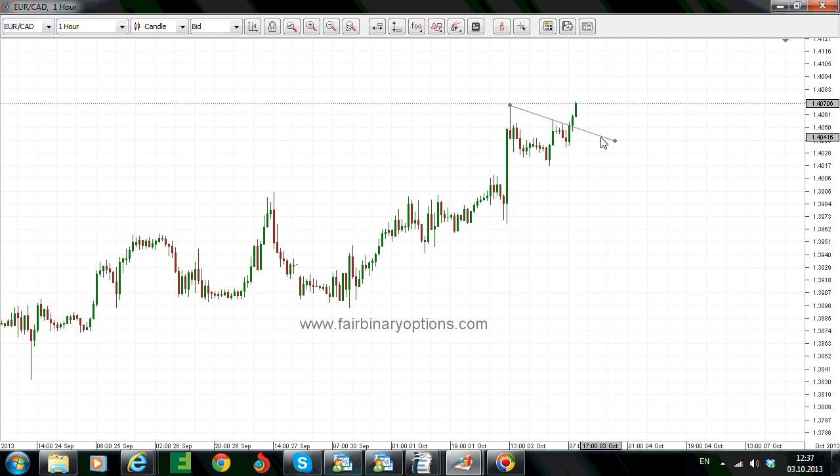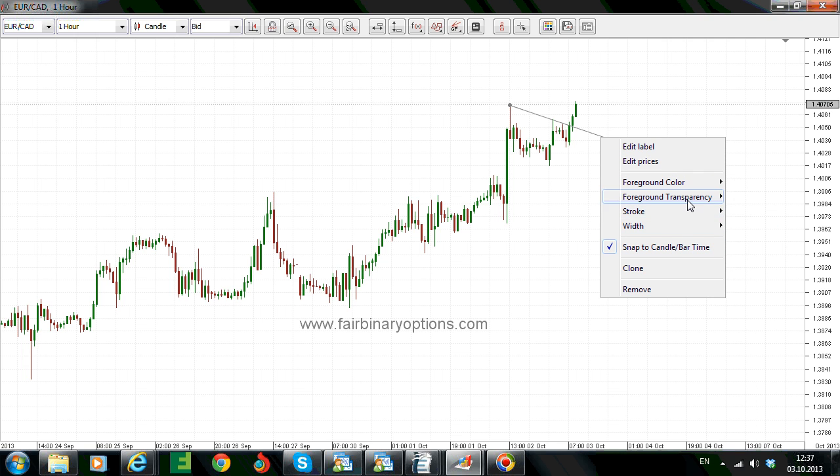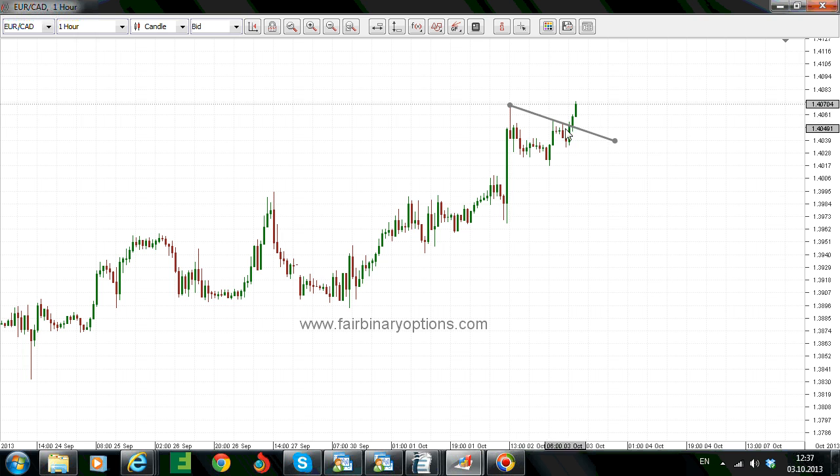So this is the one. Normally it is being formed out of a triangular formation, and this is a classical example for a beautiful pennant.